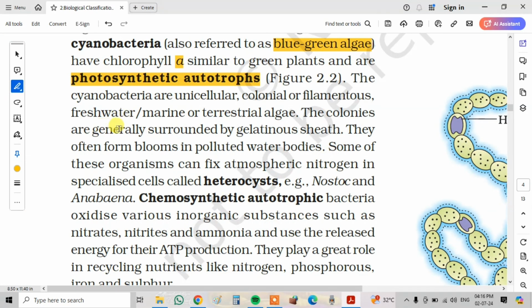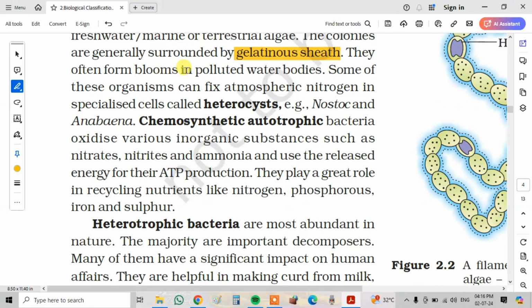Next, the cyanobacteria are unicellular, colonial or filamentous, freshwater, marine or terrestrial algae. The colonies are generally surrounded by a gelatinous sheath. You can see in the picture. They often form blooms in polluted water bodies. Some of these organisms can fix atmospheric nitrogen in specialized cells called heterocysts.